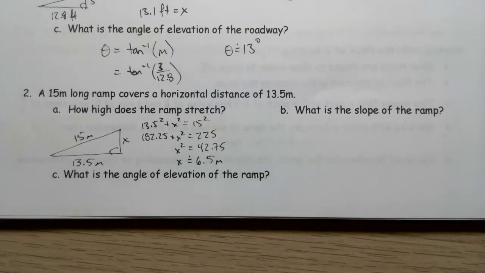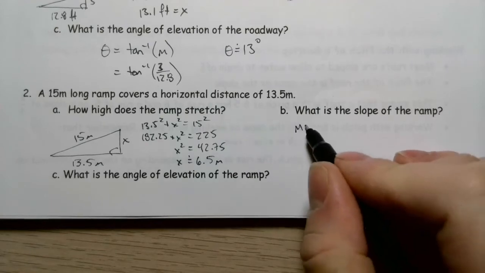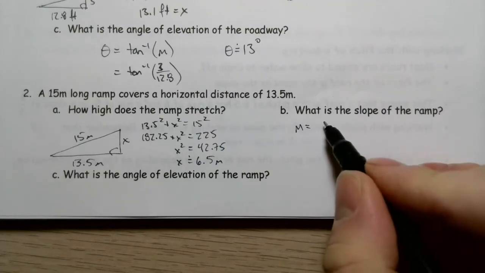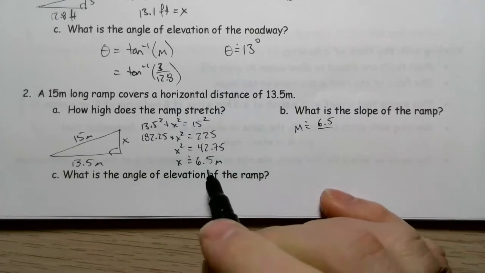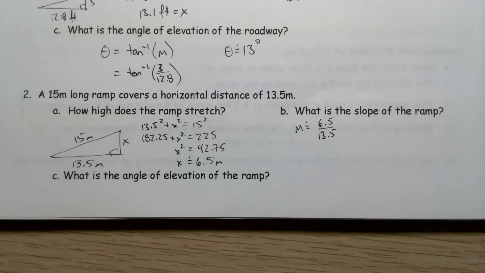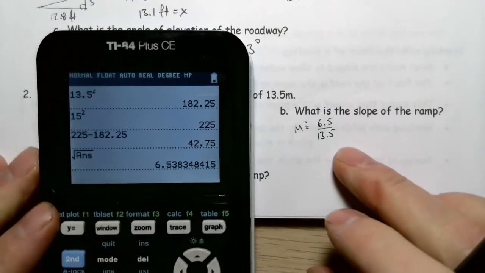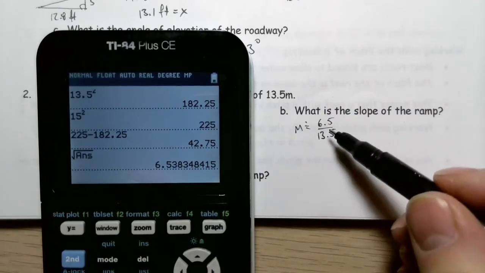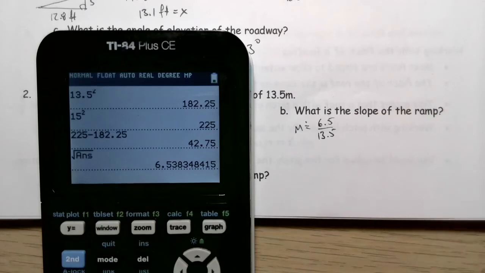So from there, I can answer, what is the slope of the ramp? Well, the slope of the ramp is going to be that rise, 6.5, and it's just going to be approximate, because this is an approximate value here, over 13.5. I don't really know whether that communicates something nice to me. I can tell that it's going up a little bit less than half of how far it's going over, but let's figure that out here.